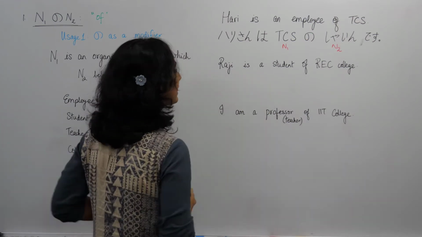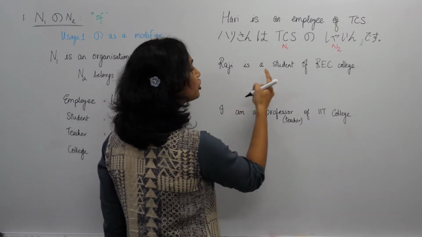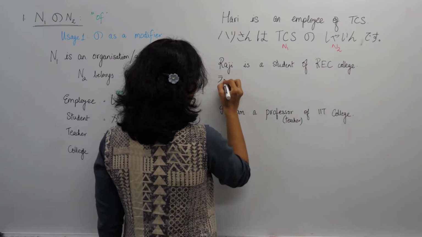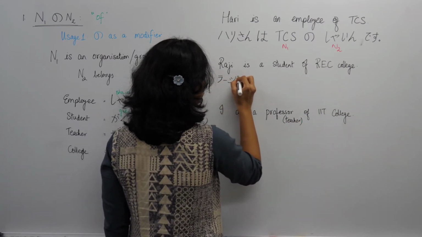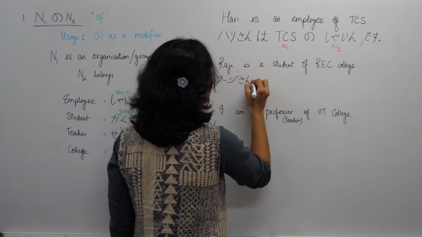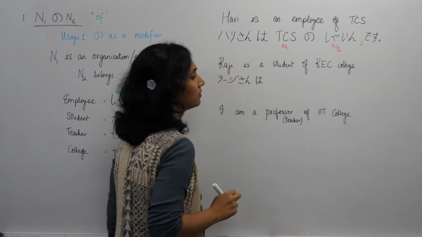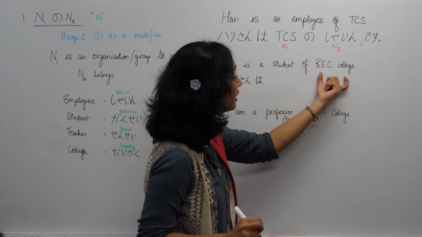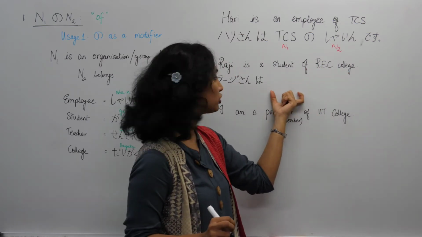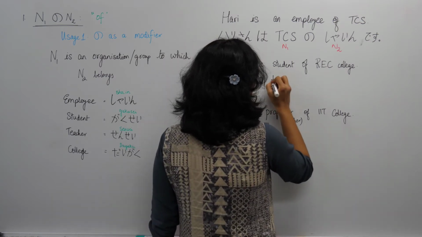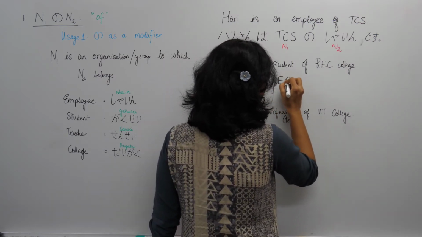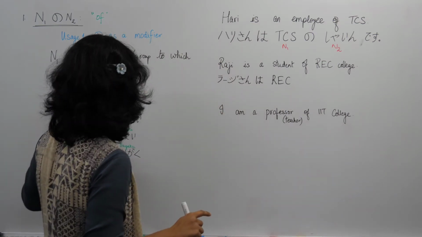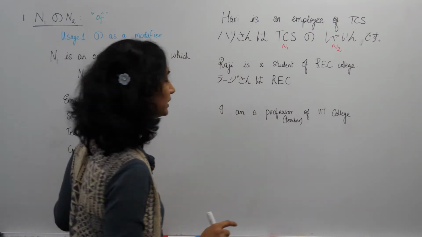Let's do it for the second sentence. Raji is a student of REC College. Raji-san wa. So I'm writing the organization first because N1 has to be the name of the organization. REC College. The word is daigaku.